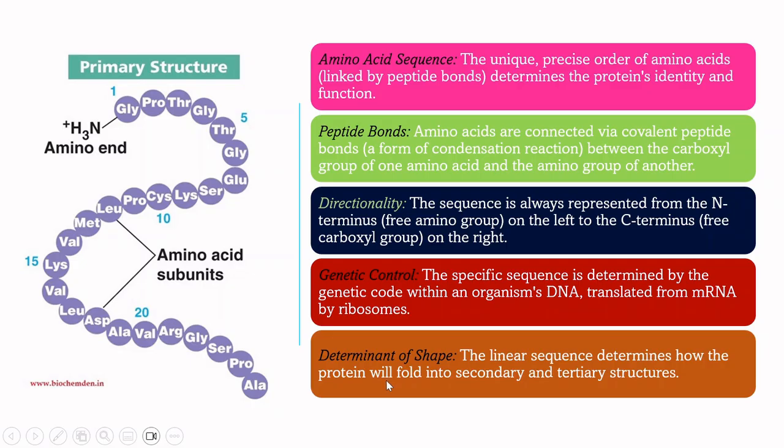And this sequence as well as the linear structure determines how the protein will fold into the further hierarchical structures like secondary and tertiary structure. So, you have to take care of these points: amino acid sequence, peptide bonds, directionality, the genetic control, and the determination of the shape.